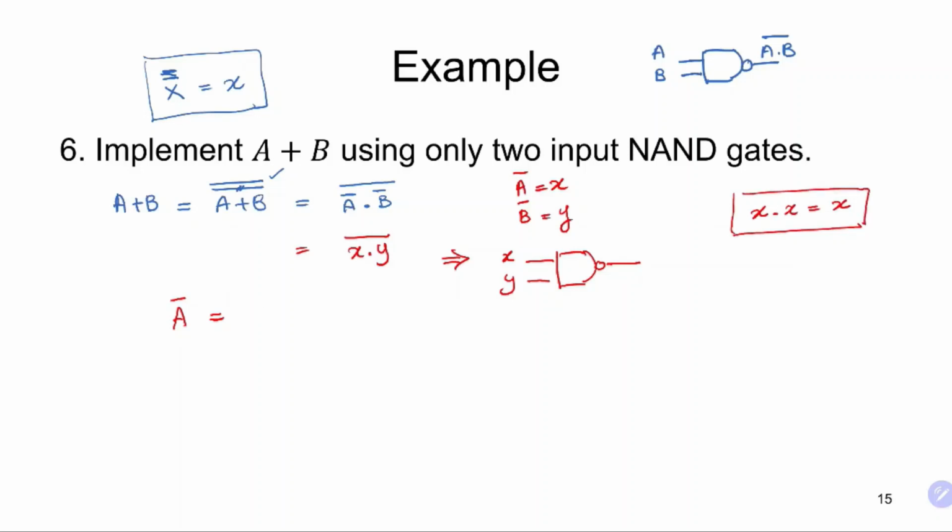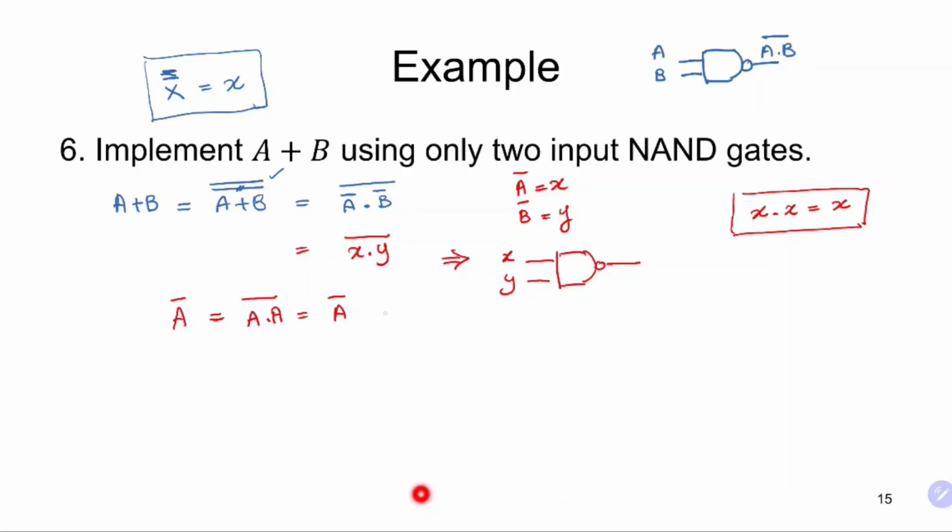So meaning that I can say that A dot A is equal to A. So if I put a bar there, put a bar there, it's the same thing, because A dot A is A. A dot A with a bar on the top is simply A bar.